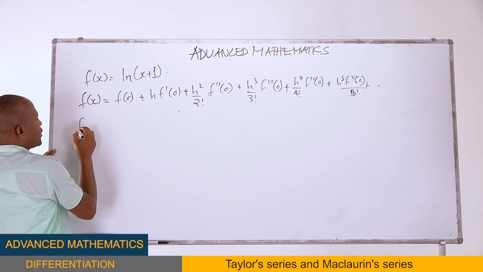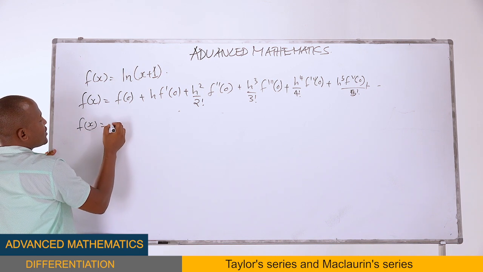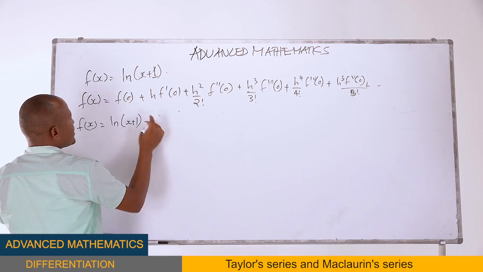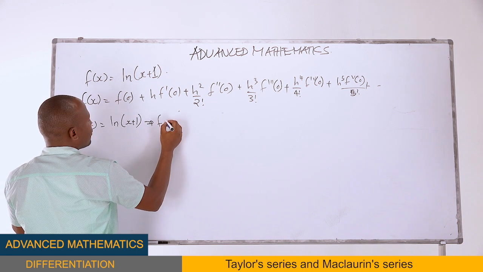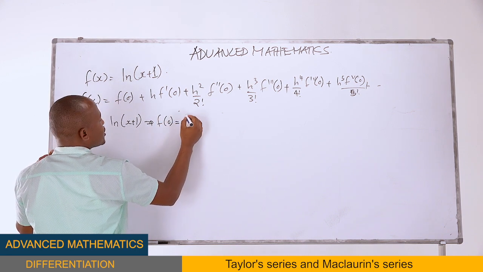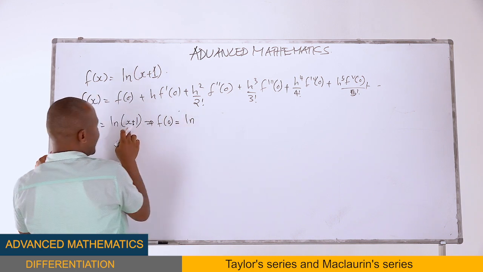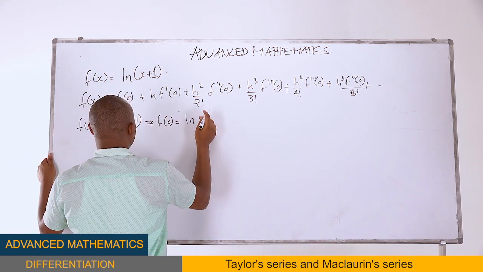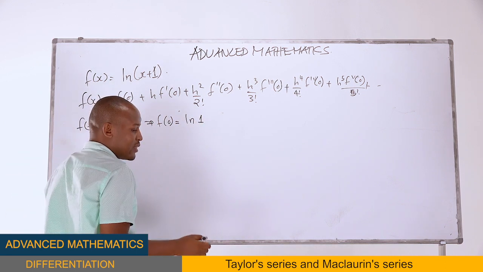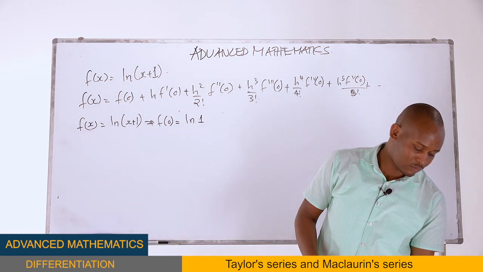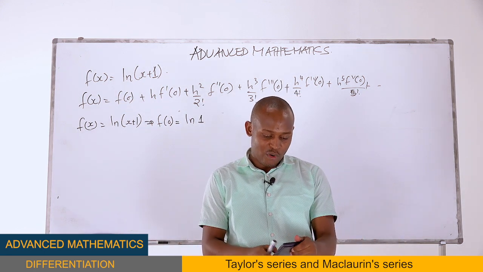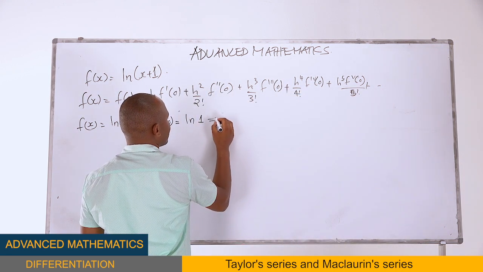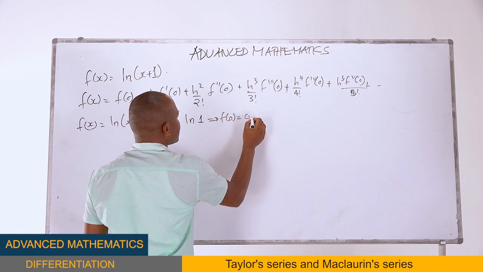We have f of x equals natural logarithm of x plus 1, implying that we're trying to look for f of 0, which equals natural logarithm of 0 plus 1. 0 plus 1 equals 1, and we know that natural logarithm of 1 equals 0. So this is 0. So it implies f of 0 equals 0.